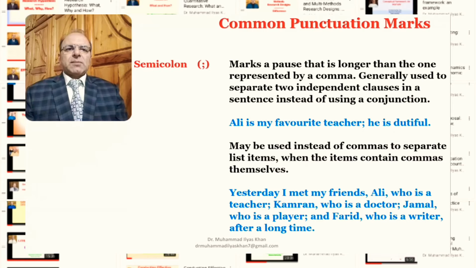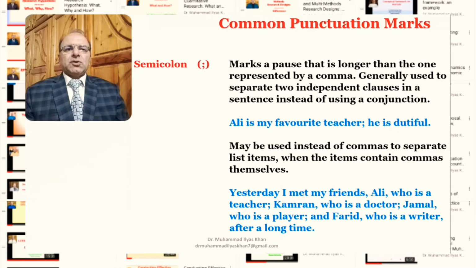This semicolon could also be used instead of commas to separate list of items when the items contain commas themselves. So here is an example. Yesterday I met my friends, comma, Ali, who is a teacher. So the list of items contains Ali, Kamran, Jamal, and Farid.